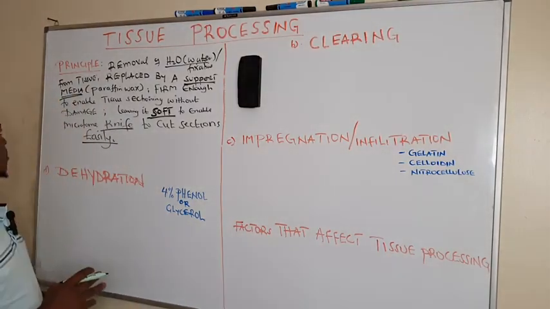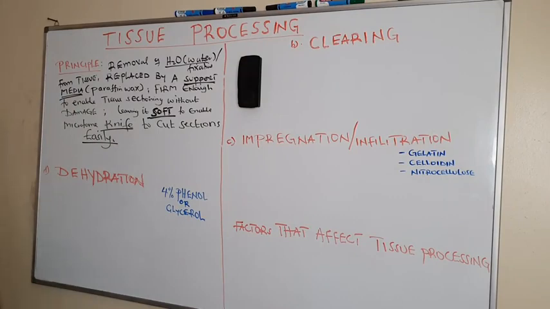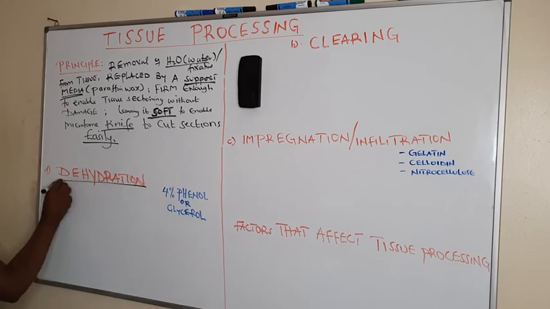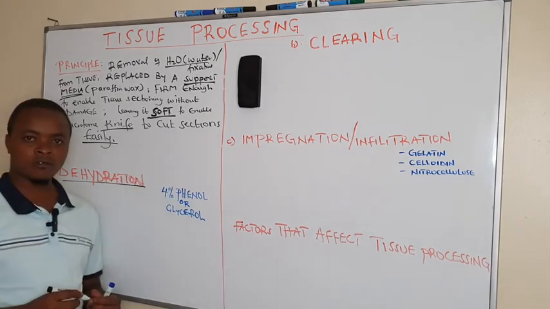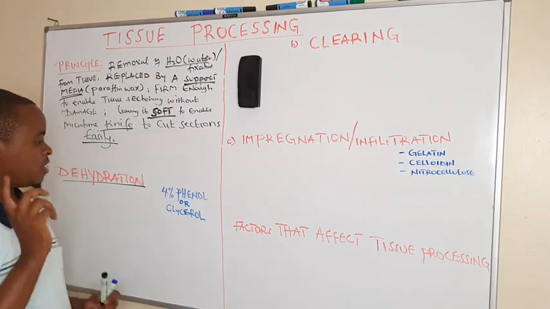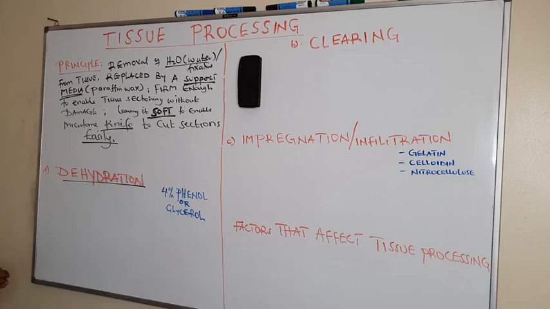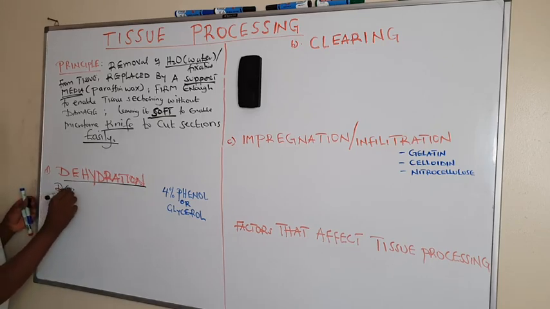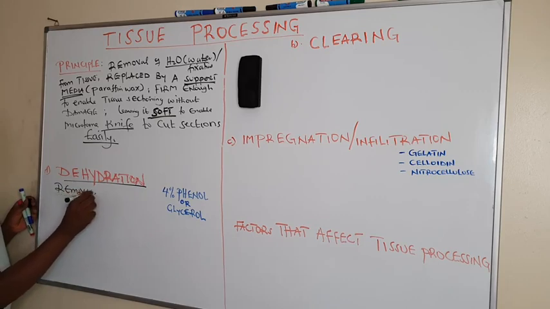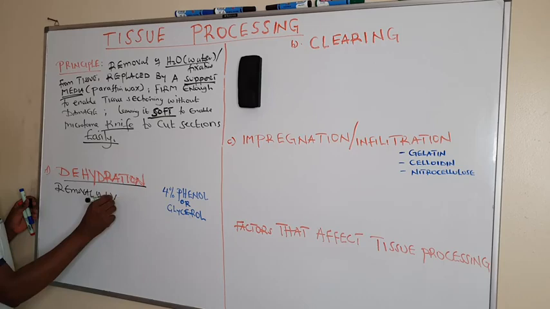And after knowing the principle under tissue processing, we go to the steps involved. Among the steps involved, one is dehydration, whereby dehydration is removal of water. Removal of water from tissues.